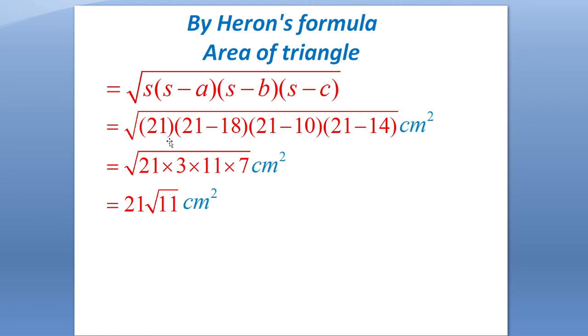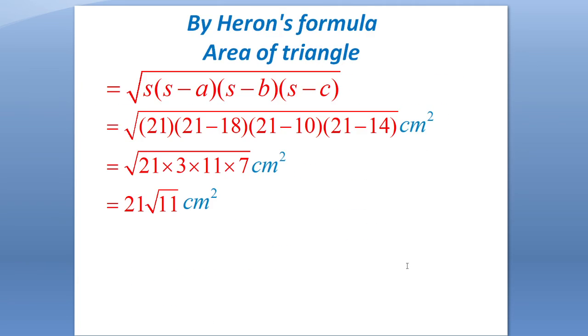So 21 into 3 into 11 into 7. So finally 21 root 11 centimeter square is the area of the said triangle.